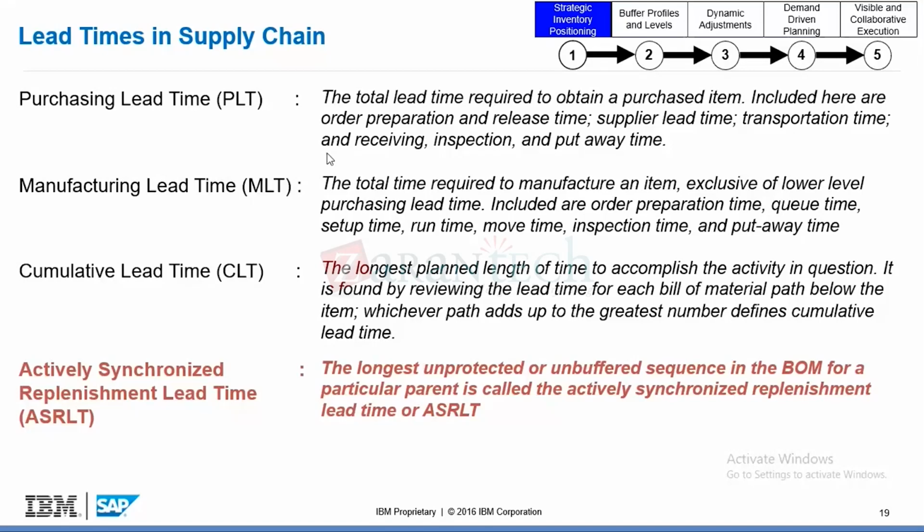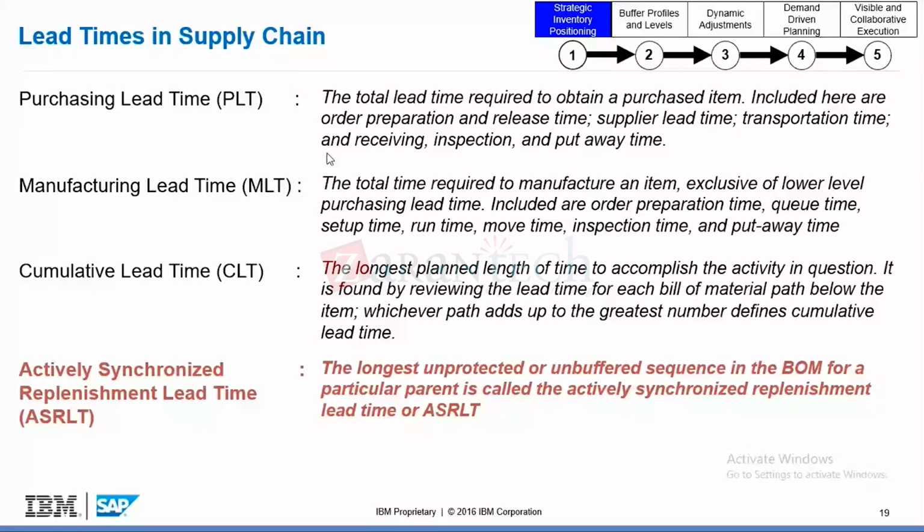And the cumulative lead time is the longest planned length of time to accomplish the activity in question. It is found by reviewing the lead time of each of the bill of material parts below the item. Whichever part adds to the greatest number defines cumulative lead time.